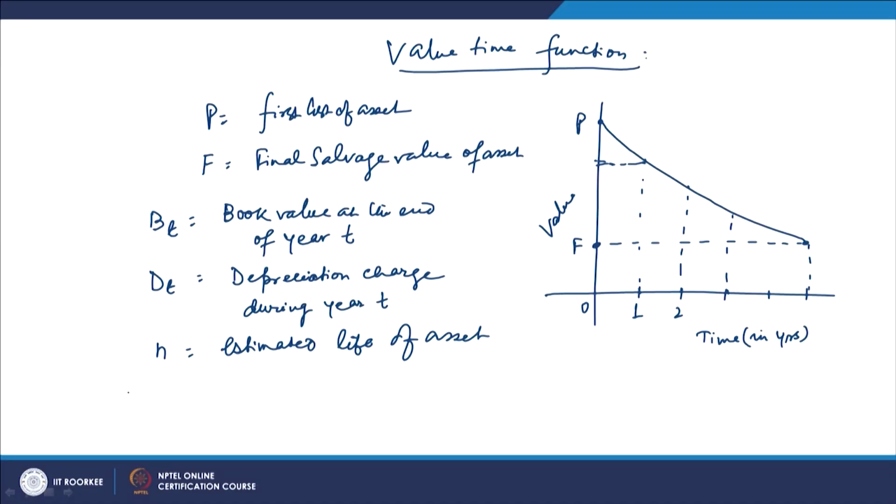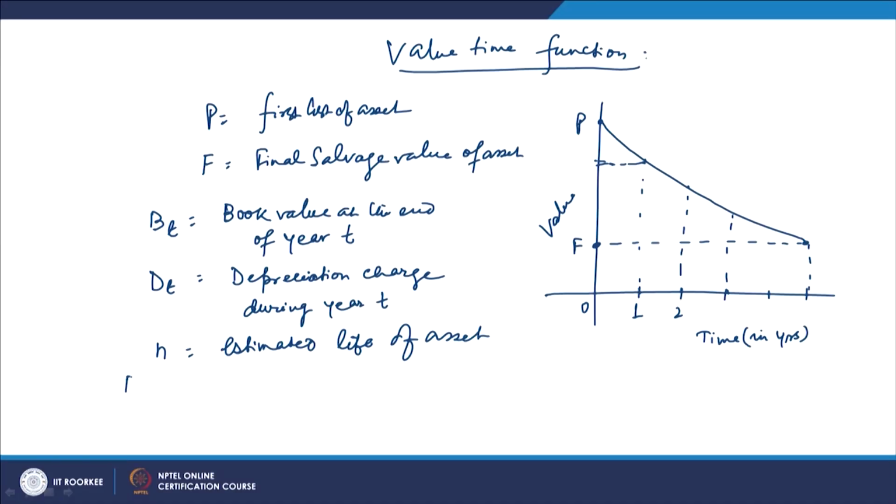Basically this graph will be behaving in a different manner. It may be going linearly, it may go in a different way. The depreciation occurring during the different years may be different. That way the depreciation amount is calculated, and for that there is a standard formula.